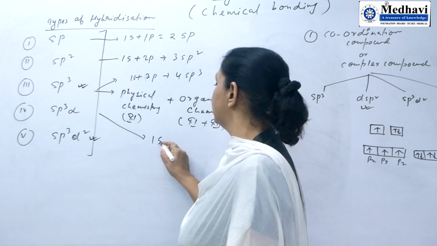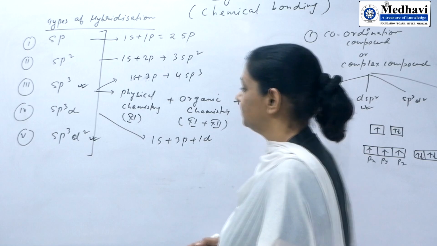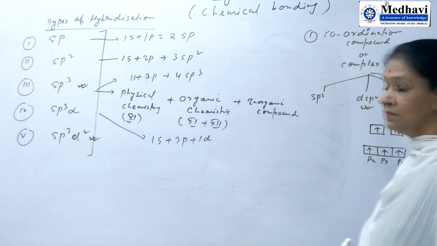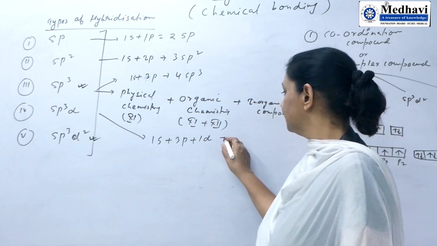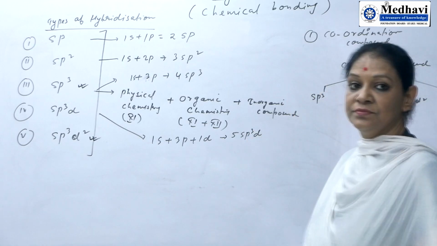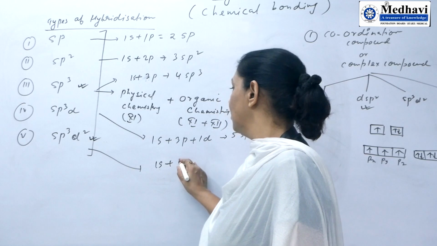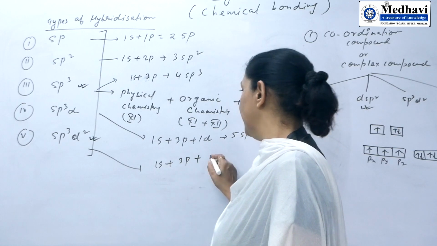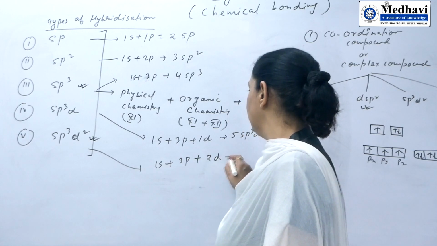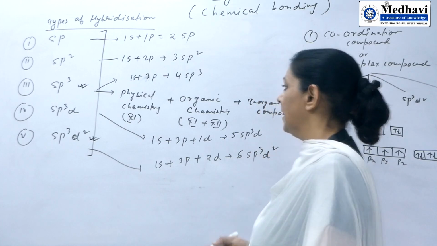Here 1s, 3p plus 1d, that is 5 sp3d hybridization. And here 1s, 3p plus 2d, we will get 6 sp3d2 hybridization.